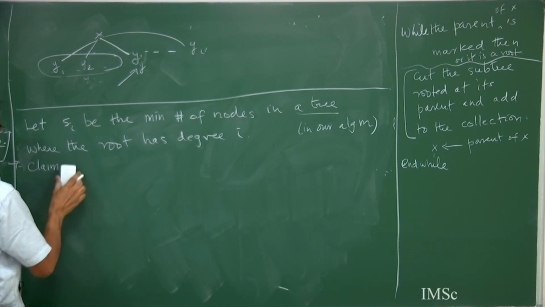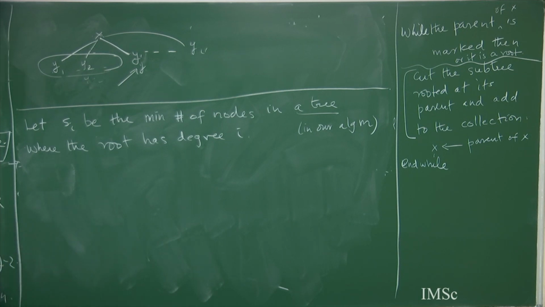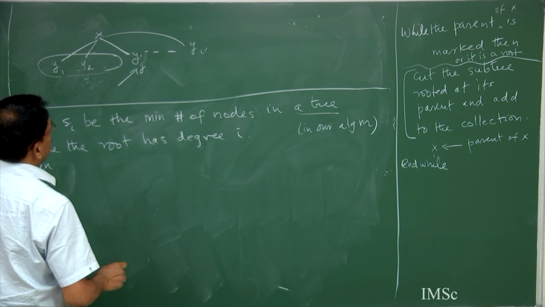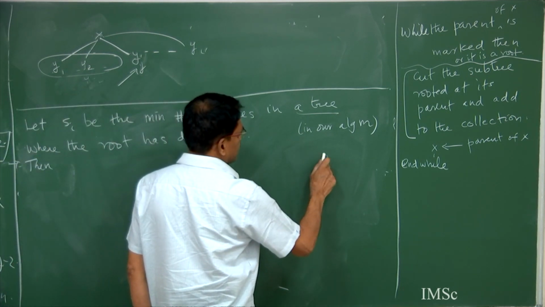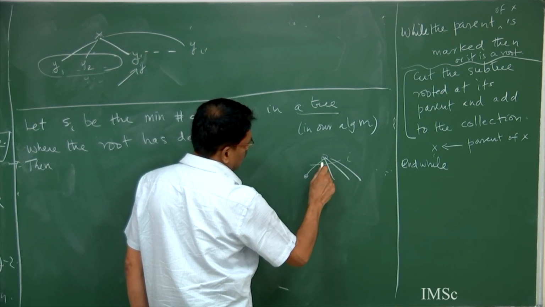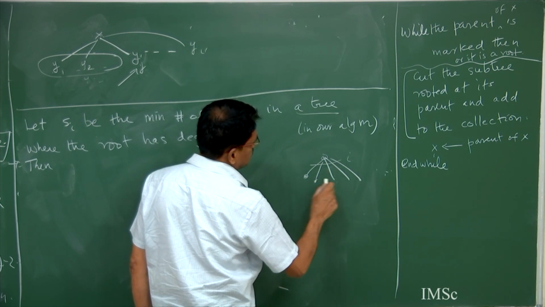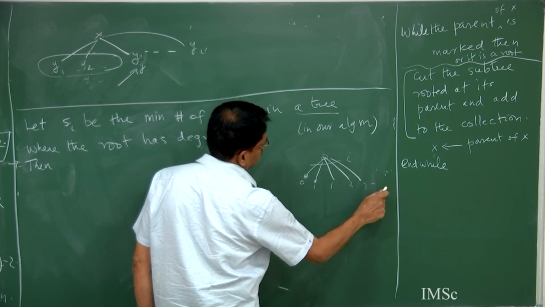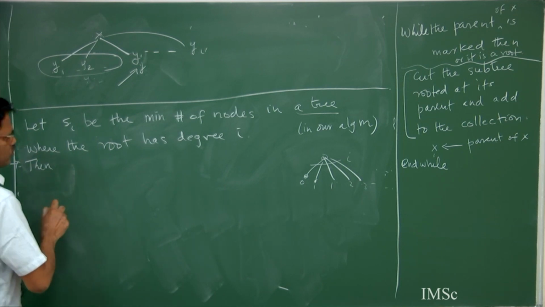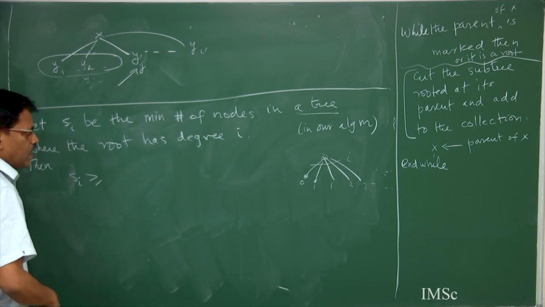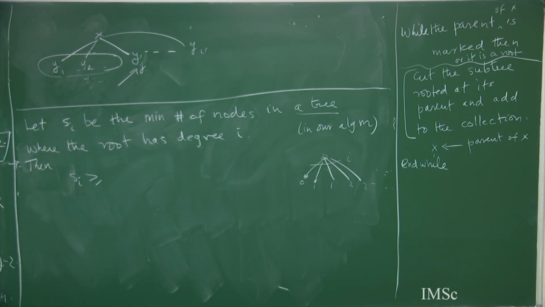okay, let's actually prove what we have. So if the root has degree i, then we know that this guy has a degree at least 0, this is at least 1, this is at least 1, at least 2, and so on, up to degree i minus 2. So Si is greater than or equal to, I'm counting the total number of nodes in this tree where the root has degree i.